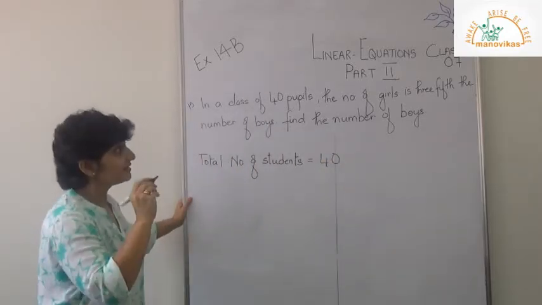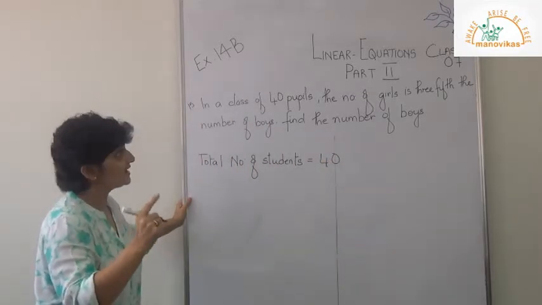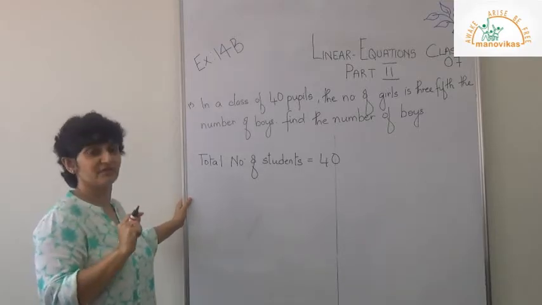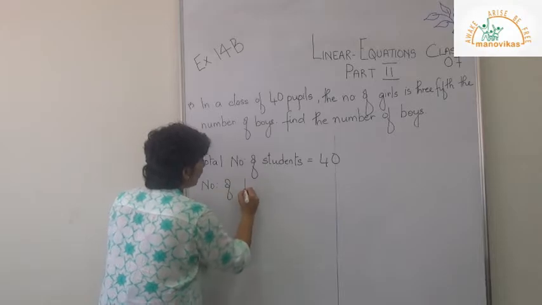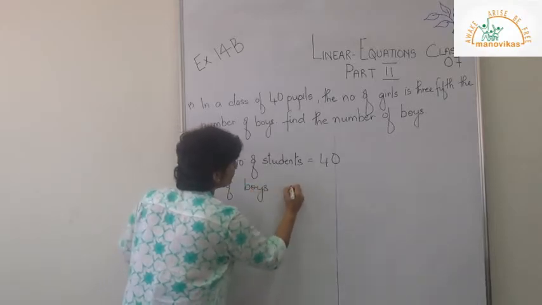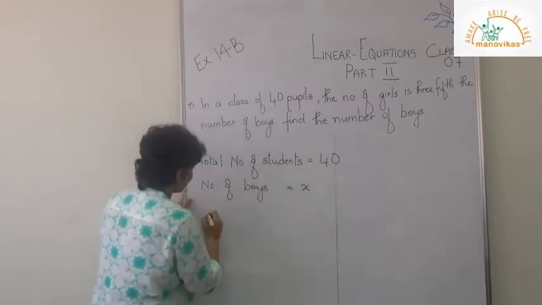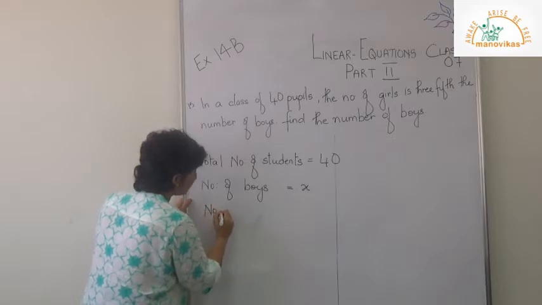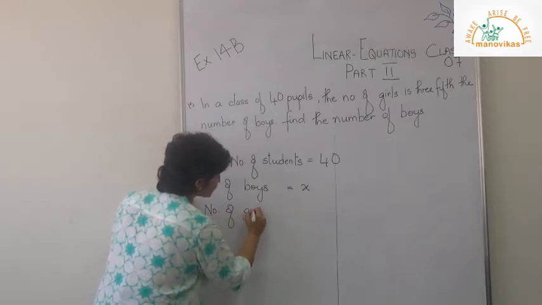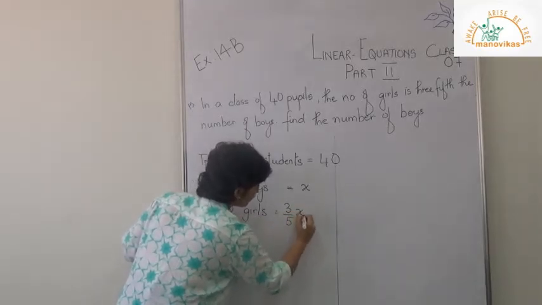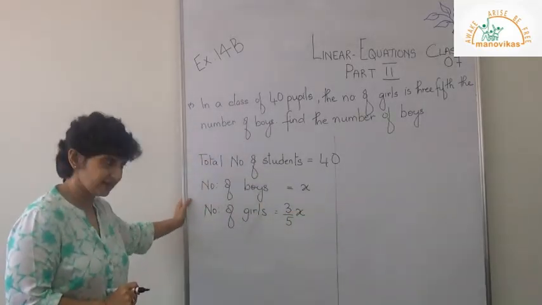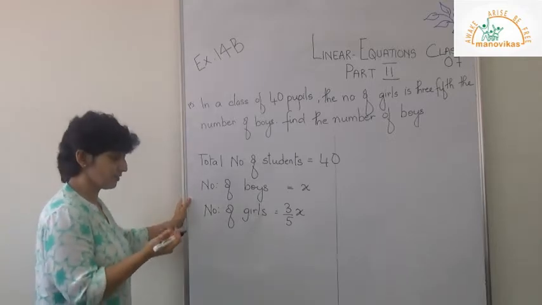Alright, then the number of girls is 3/5 the number of boys. So let the number of boys be equal to x. Then I know the number of girls is 3/5 the number of boys, correct? So find the number of boys.